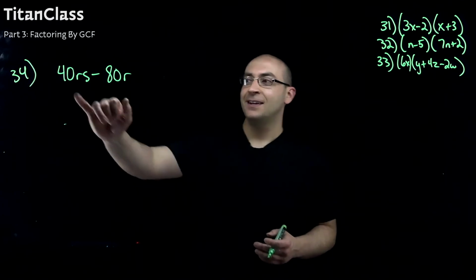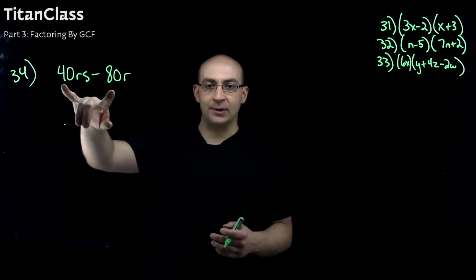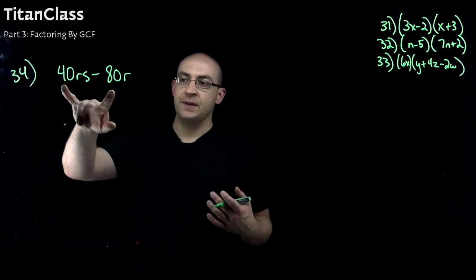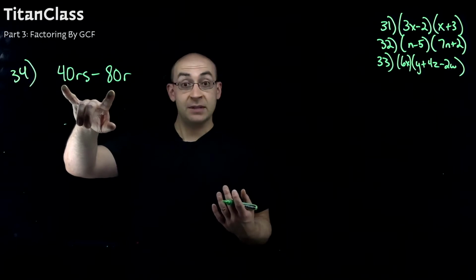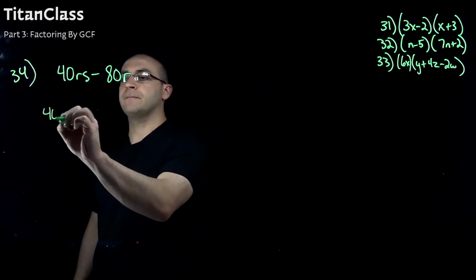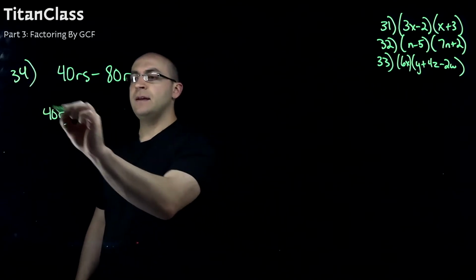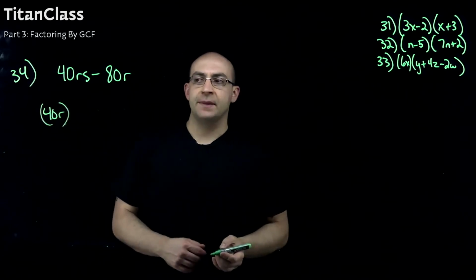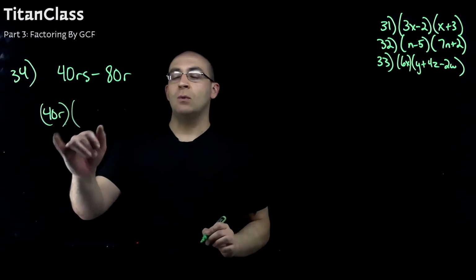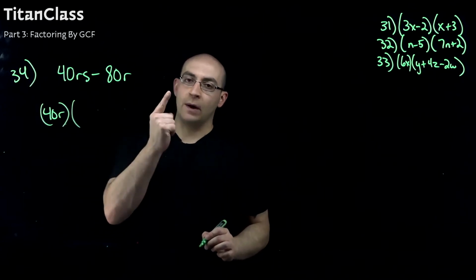Moving on. I am going to find the number I can pull out evenly, or divide, or factor. They both have a 40 in common, so I'm taking a 40 out. They also have an R in common. That's the greatest common factor. What's left though? Well, when I divide 40 out of 40, I get 1.